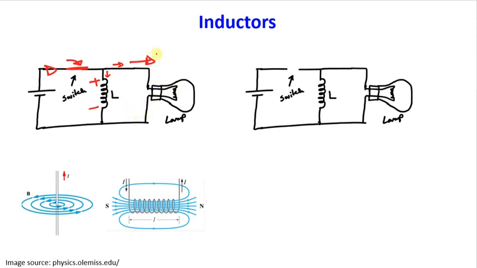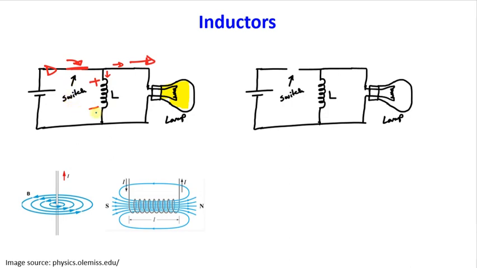So as a result, for a brief period of time, this lamp will glow, right? Okay, then what happens? As time goes on, the magnetic field in this inductor will keep increasing, and finally this magnetic field gets saturated.